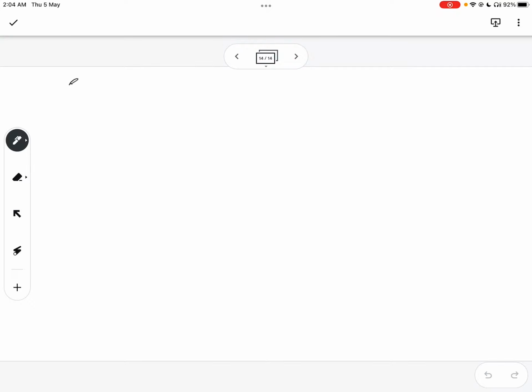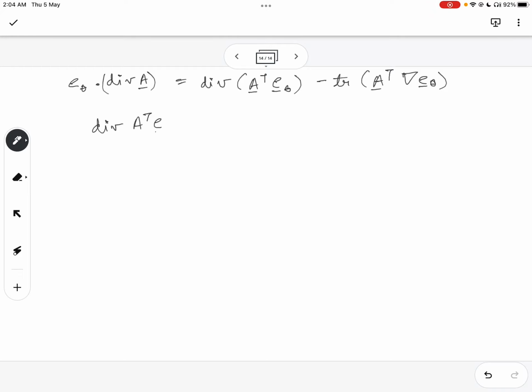Similarly, the e_theta component of divergence A, by using the identity we mentioned, is divergence of A transpose e_theta minus trace of A transpose gradient of e_theta. So divergence of A transpose e_theta is again divergence of this vector A_theta r e_r plus A_theta theta e_theta plus A_theta z k.